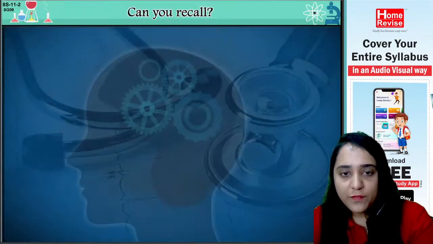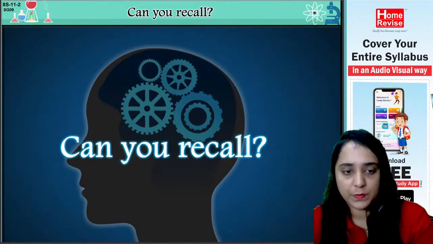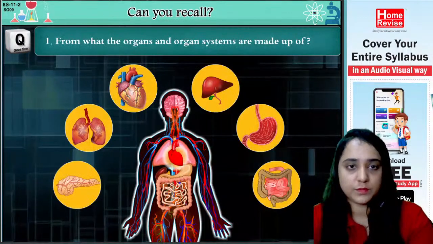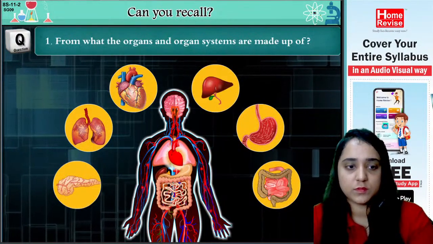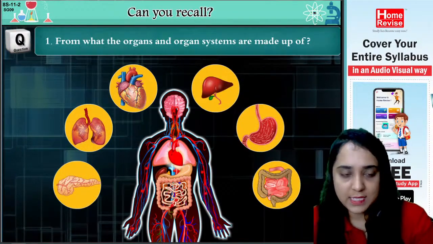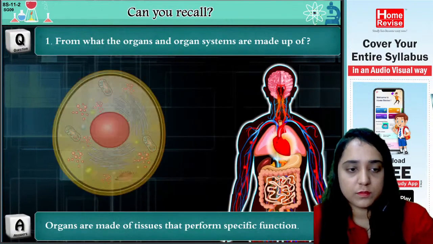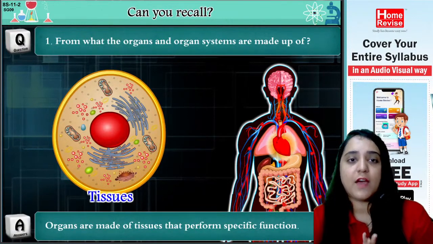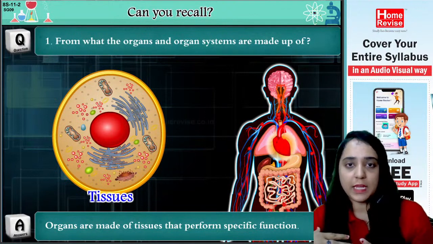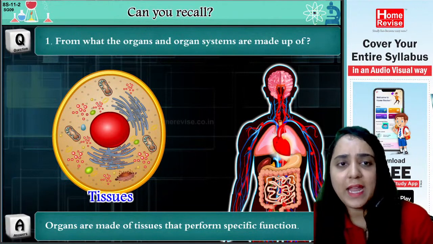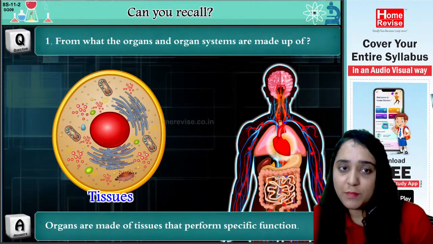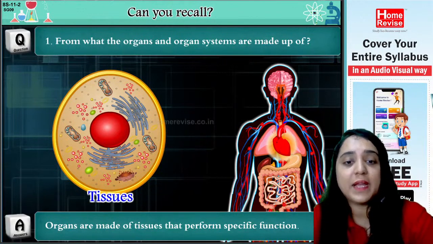So let's recall a few things first. From what are the organs and organ systems made up of? Yes, we have organs within our body and the organ systems. So can any one of you tell me what organs are made up of?